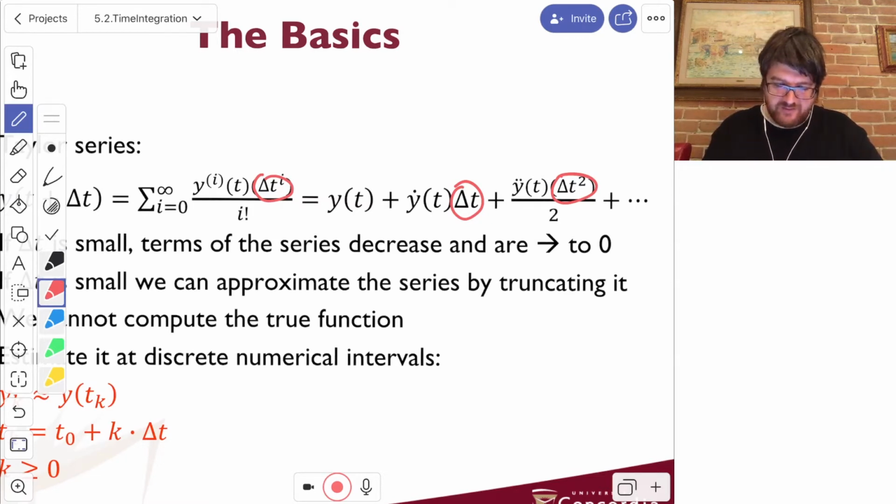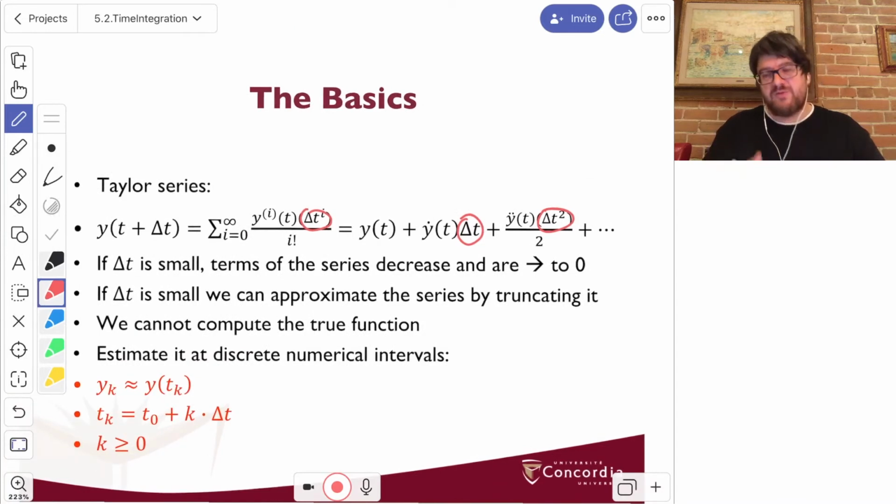So these terms essentially become smaller and smaller, and they converge to 0 because of the delta t. This is an infinite sum, but the terms get more and more insignificant. So at some point we can cut, and we can estimate our function. We cannot compute it exactly, but we can estimate it using a finite summation.